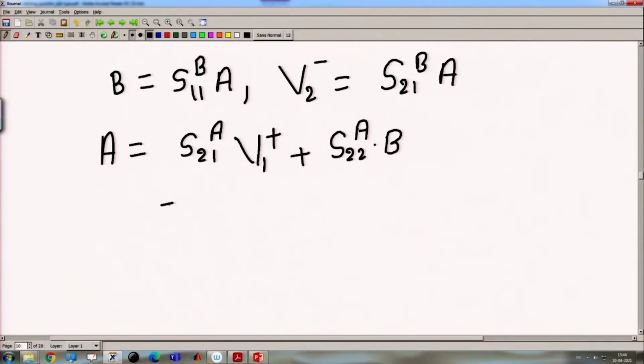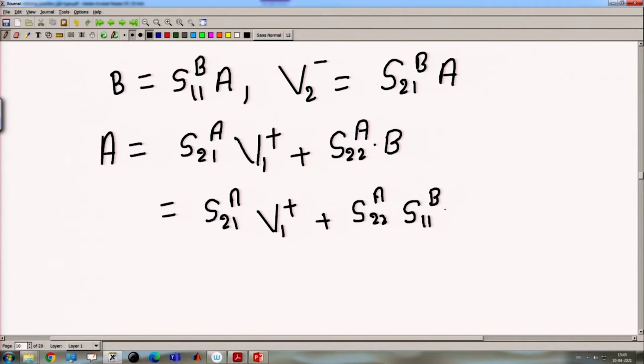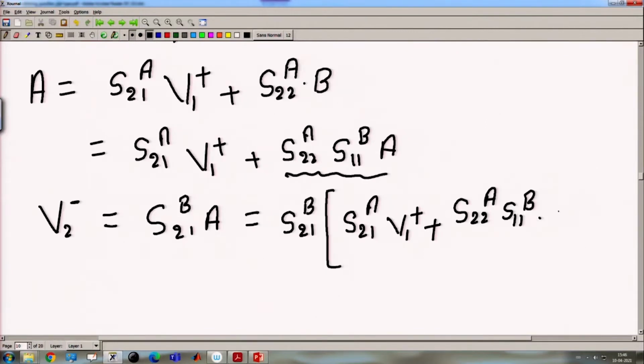A equals S21A V1 plus plus S22A into S11B into A. Then V2 minus is S21B into A, which we already wrote, so A is V2 minus divided by S21B.